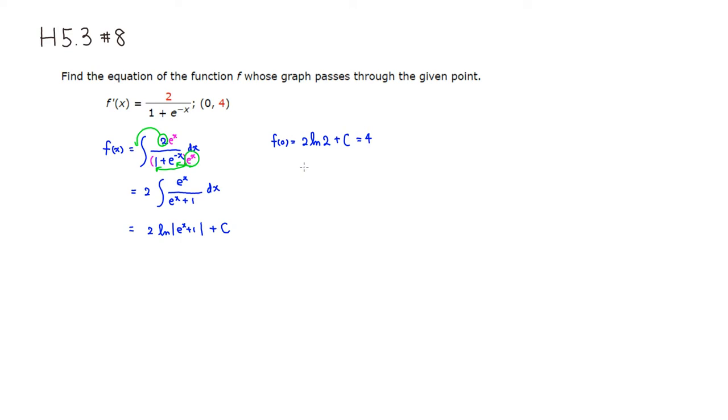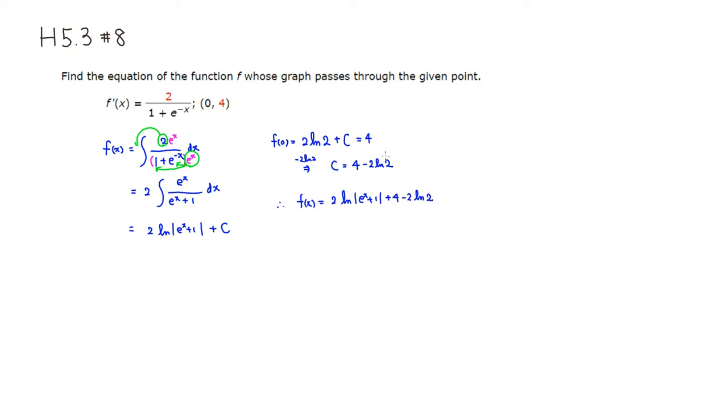We can simply subtract 2 natural log of 2 to find c, which is 4 minus 2 natural log of 2. Therefore, the original function is 2 times natural log of the absolute value of e to the x plus 1, plus 4 minus 2 natural log of 2.